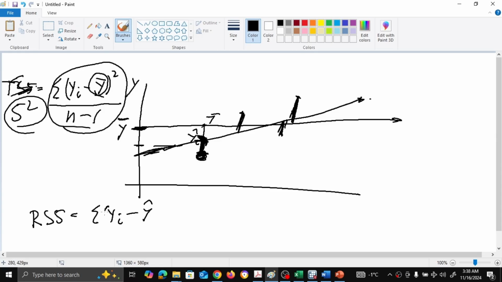Anyway, this is the total distances squared from the points to the line. This is the sum of squared residuals. It's exactly that. It's RSS. The total distances of all the residuals squared. Okay? So how many are there?